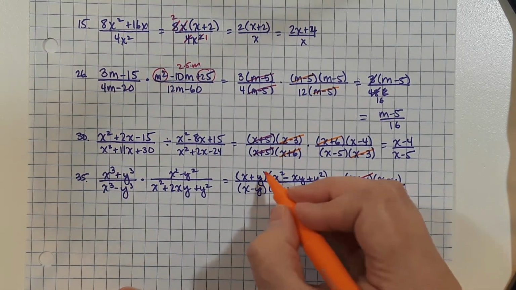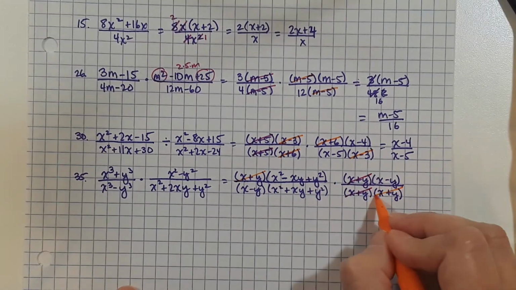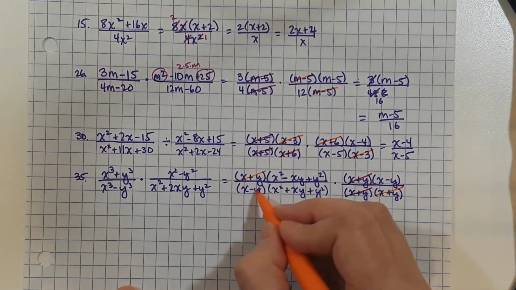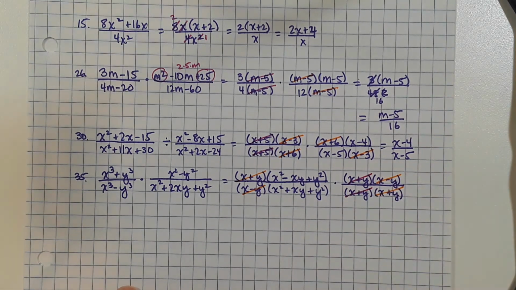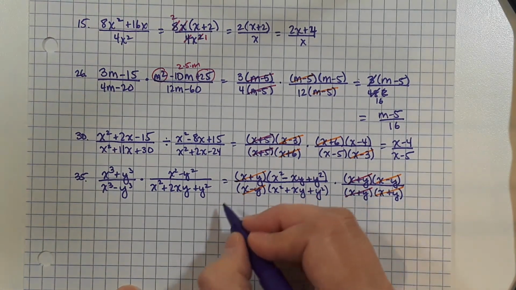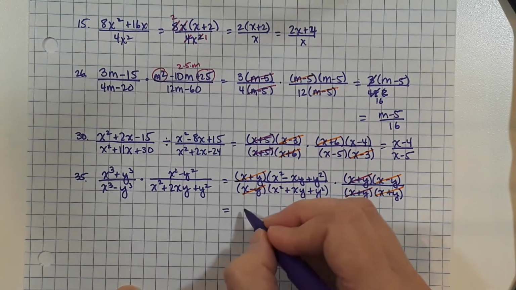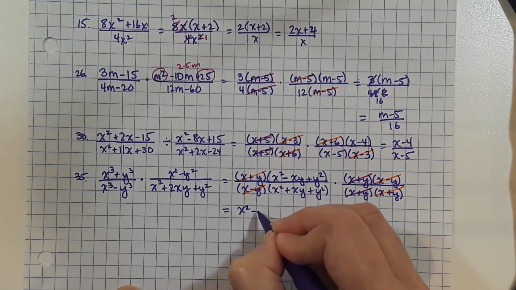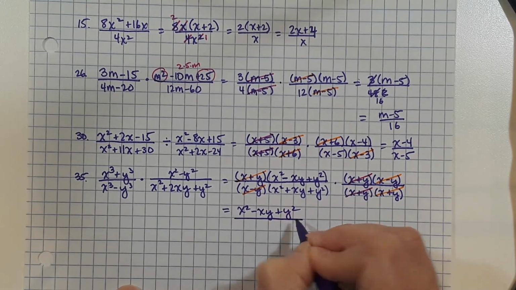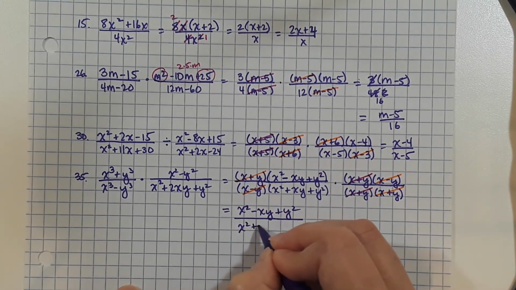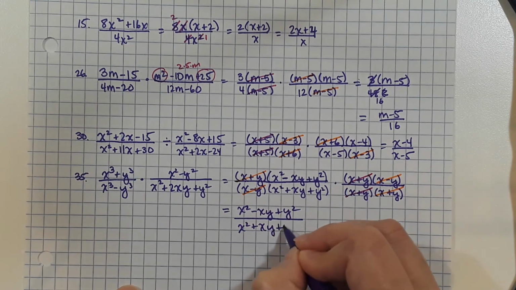And let's see here, I can get rid of an x plus y there and an x plus y there. And an x minus y there and x minus y there. And so what I'm finally left with is x squared minus xy plus y squared over x squared plus xy plus y squared.